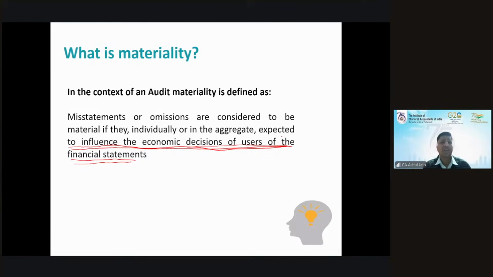If misstatements are there, but those are not so significant in terms of amount, will that be of any concern to the auditor? The answer is yes, but not so much as far as the reporting is concerned. Why? Because for an error to be there shows some sort of problem in the systems. But if that is not significant enough, the auditor can live with that, because that's not really defeating the objective of the audit.